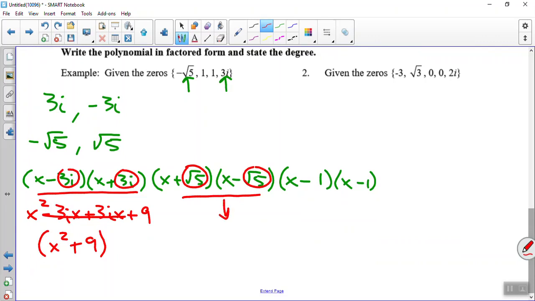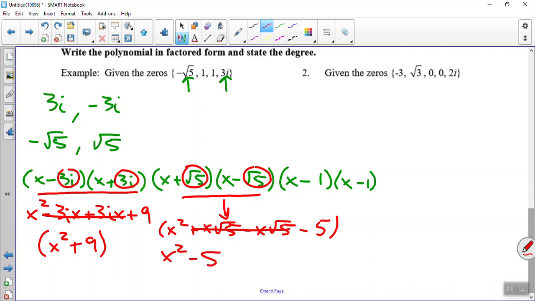Same deal with this one. x squared plus x times root 5 minus x times root 5 minus, remember, square root of anything squared is just that number. So these cancel out and we get x squared minus 5.